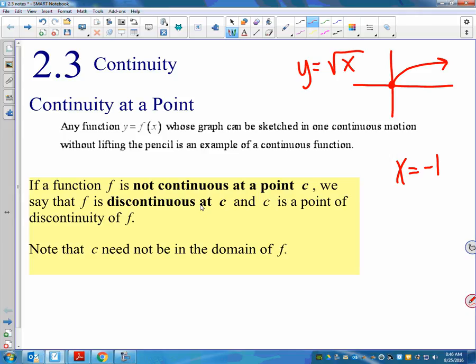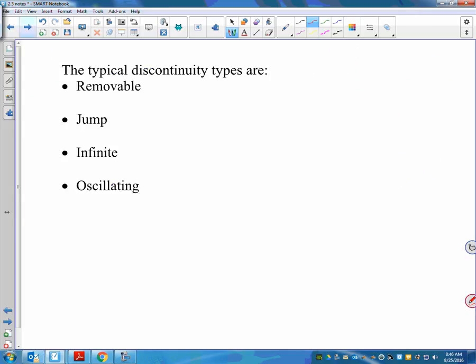Okay. What you need to know are the different types of discontinuities. We took long notes in pre-calculus today, and I'm giving them the notes over types of discontinuities, so I'm just going to review them with you. A removable discontinuity is like a hole in the graph. A real nice definition is that a removable discontinuity could be filled in with one point.